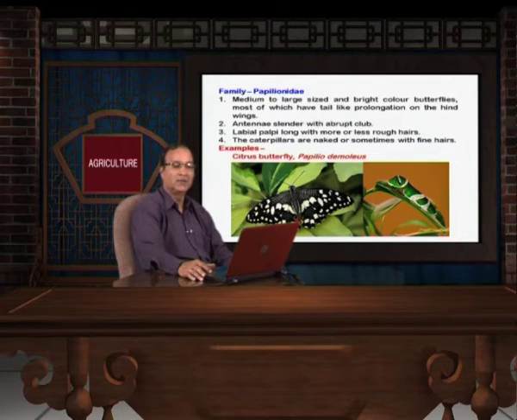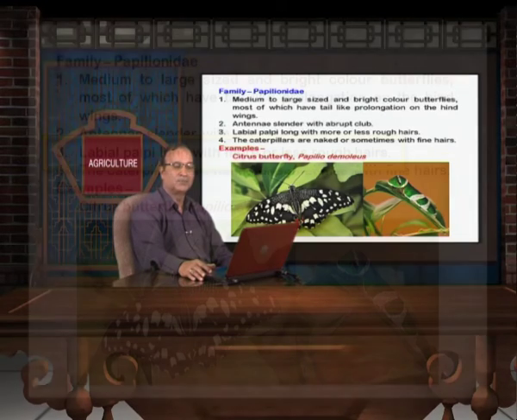Antennae are cylindrical and they abruptly bend at one place and that gives a look of club, or club shaped antennae, a common feature of the family Papilionidae.